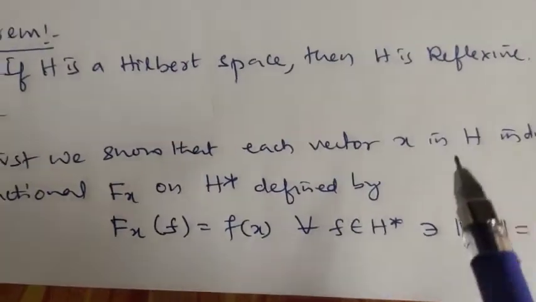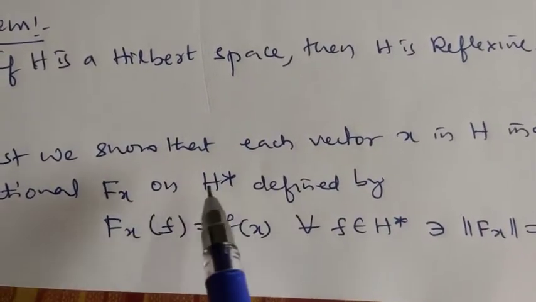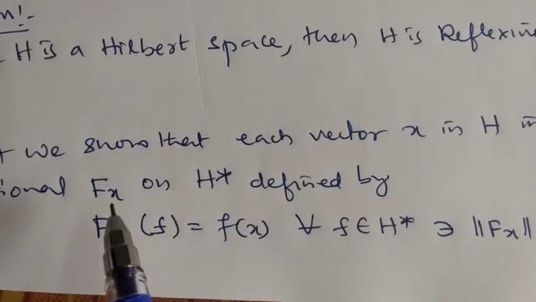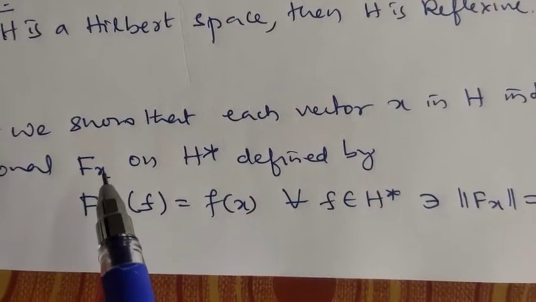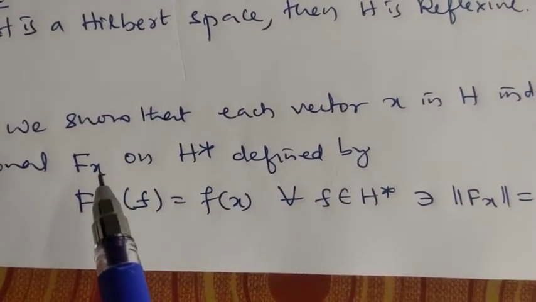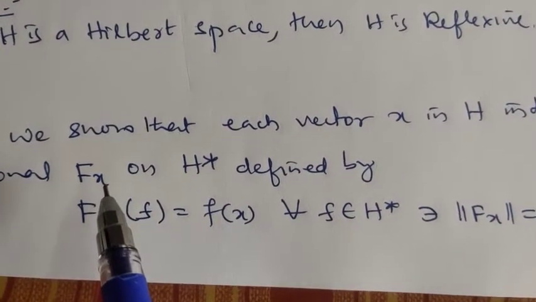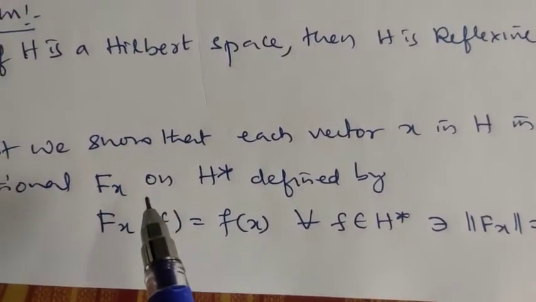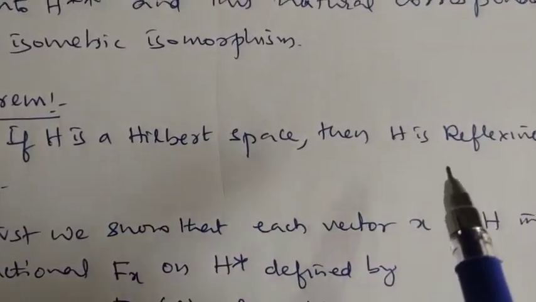Now we are going to prove that each vector x in H induces a functional fx on H star. Why have we written fx? Simply we could write F, but we have written fx because this is a functional corresponding to the element x. Because we need to show there is a natural correspondence between H onto H double star.